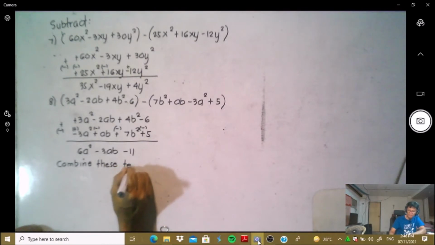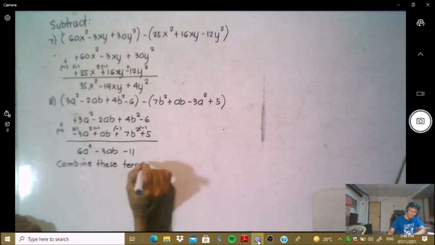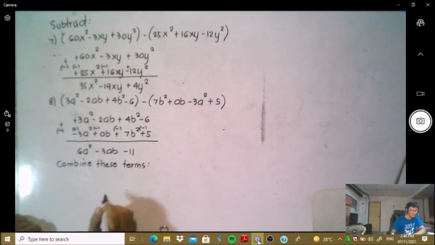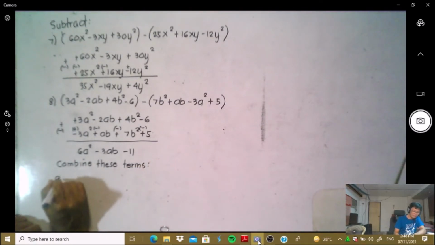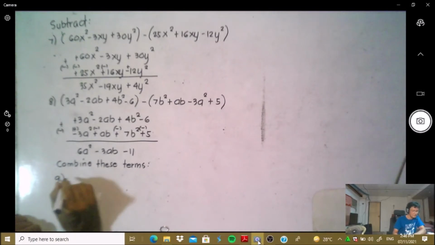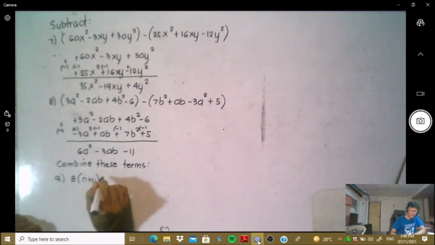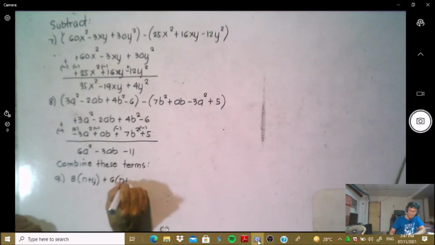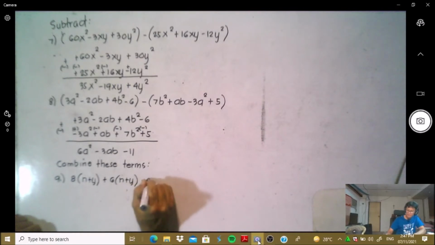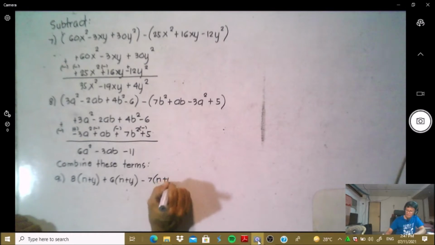For number 9, we have 8 times the quantity n plus y, plus 6 times n plus y, minus 7 times n plus y.